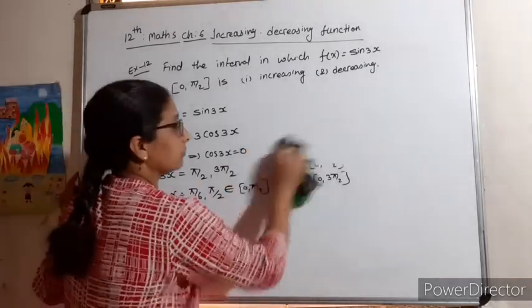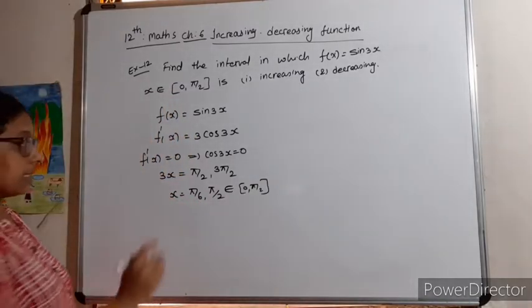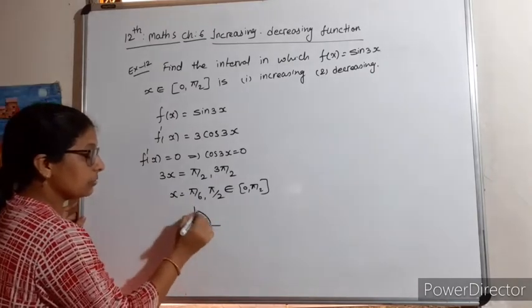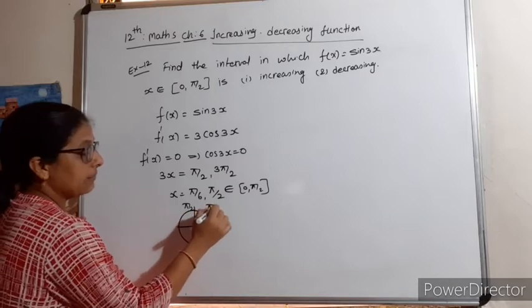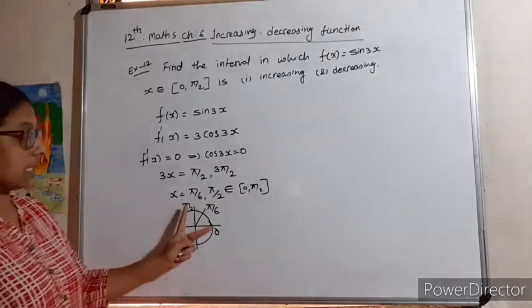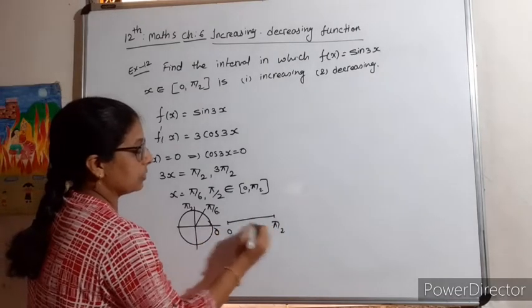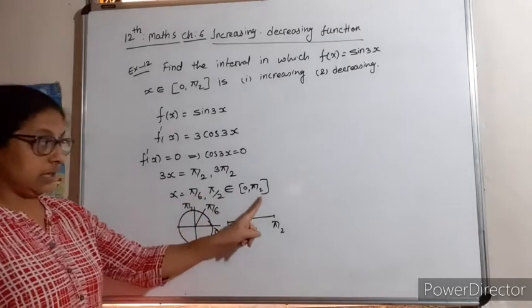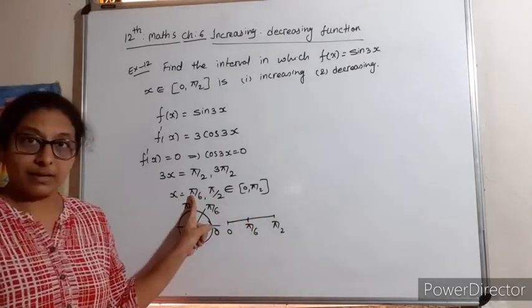Now, of these values of x, x is equal to pi by 6. You know that here in 0 to pi by 2, pi by 6 divides this interval. So we'll write like this: 0 to pi by 2 में pi by 6 is in between. So this interval divides into 2 parts by this pi by 6. Understand that?